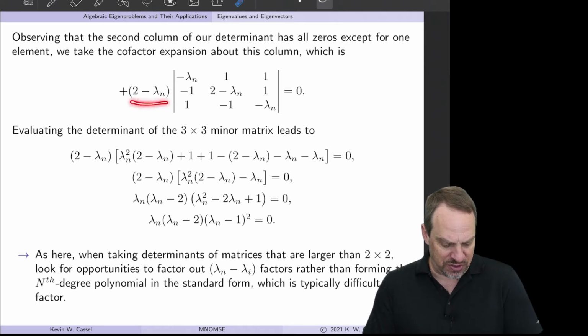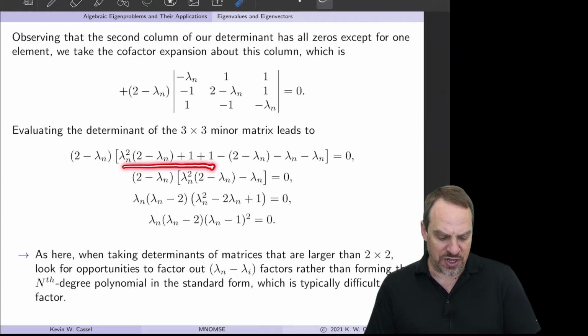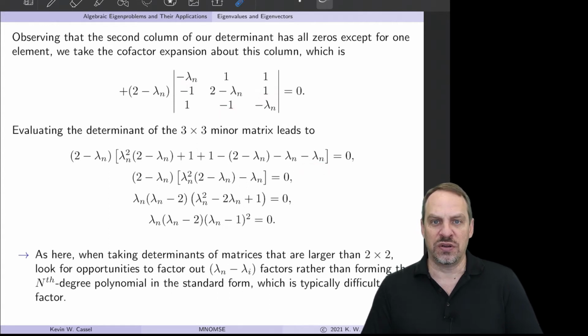So we have 2 minus lambda, and then in square brackets, we're going to have the determinant of the 3x3 minor. So it's minus lambda times 2 minus lambda times minus lambda, plus 1 times 1 times 1, plus 1 times minus 1, and that's these first three terms here, and then minus 1 times 2 minus lambda times 1, it's right here, minus 1 times minus lambda here, and then minus lambda times 1 times minus 1, which is here.